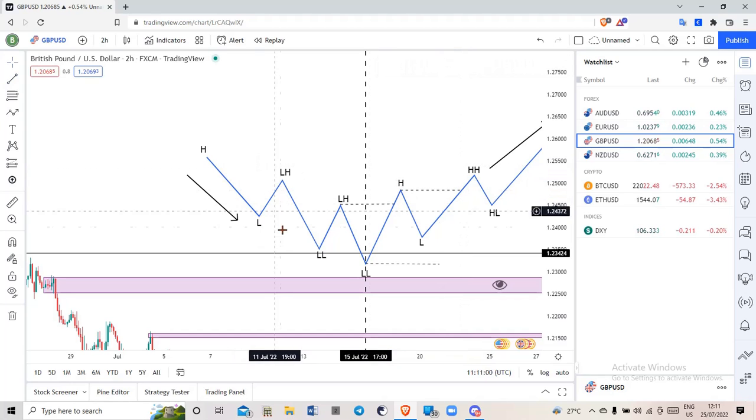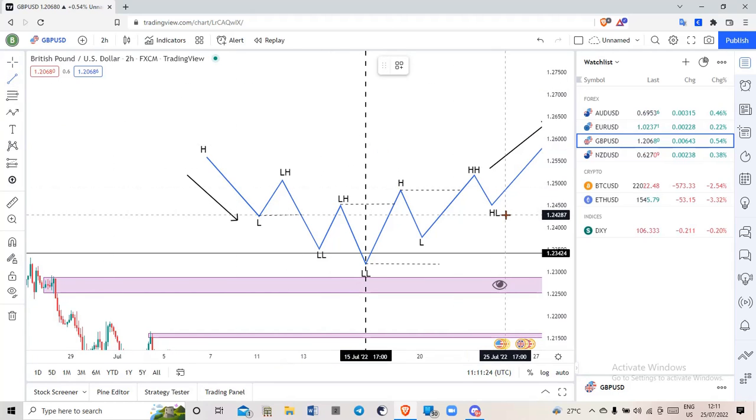And remember, when this low breaks and goes below this, we call it break of structure as well, which some people call break of market structure. So this is it, short form BOS. So we are having break of market structure. You can see how this is typically how the market moves.